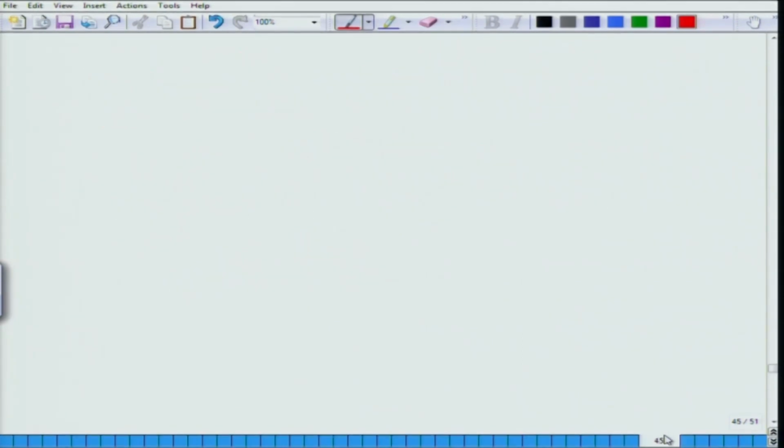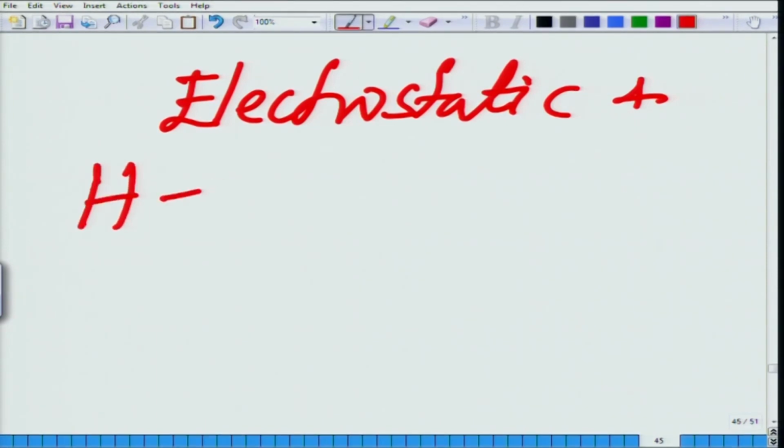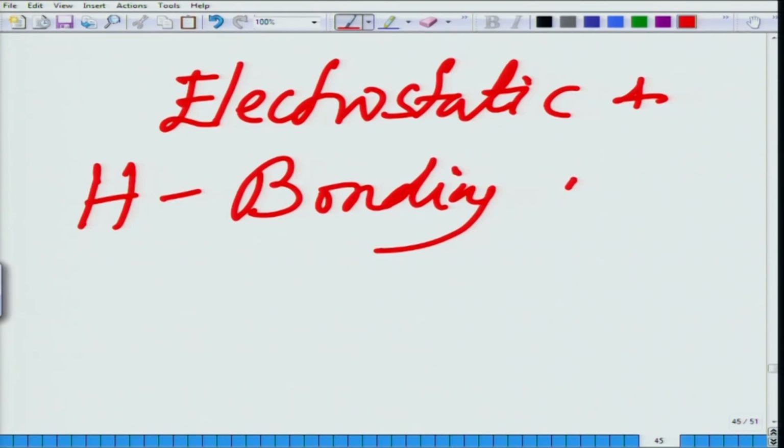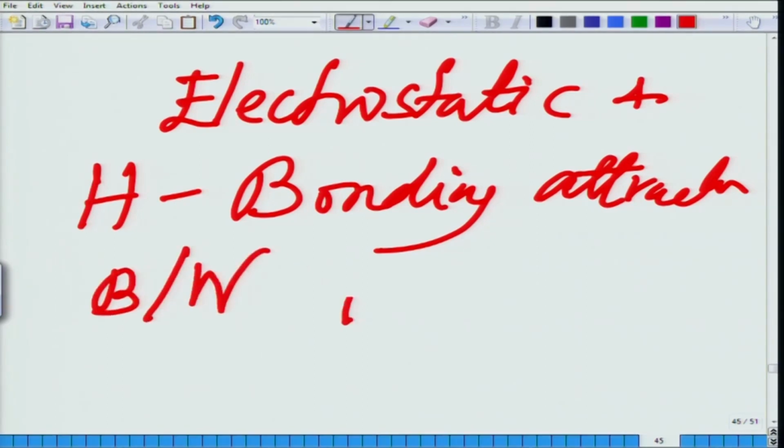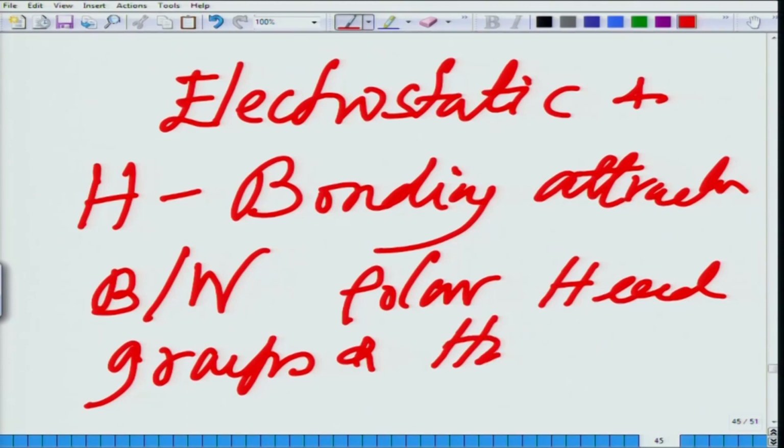Then you have electrostatic and hydrogen bonding attraction between polar head groups and water. This is another critical feature.